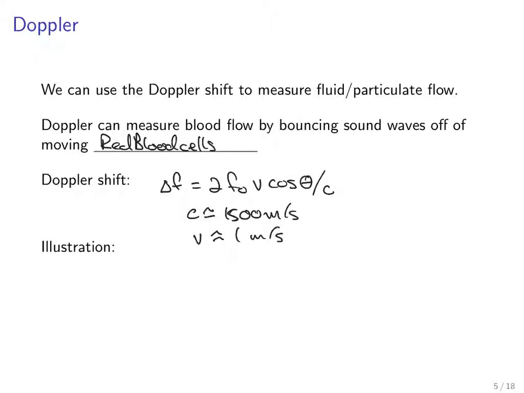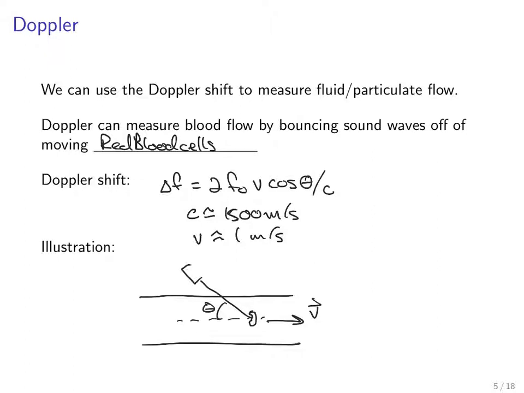So the illustration here is that, just to simplify it, we'll assume we have two transducers, one transmit and one receive. Here's the direction of blood flow. We'll have this reference axis here with which we measure the angle theta between the moving red blood cell, we'll draw it as sort of a kidney bean shape, and the transmit transducer.